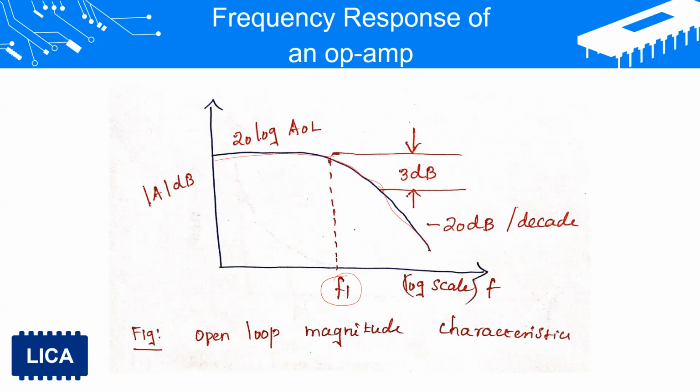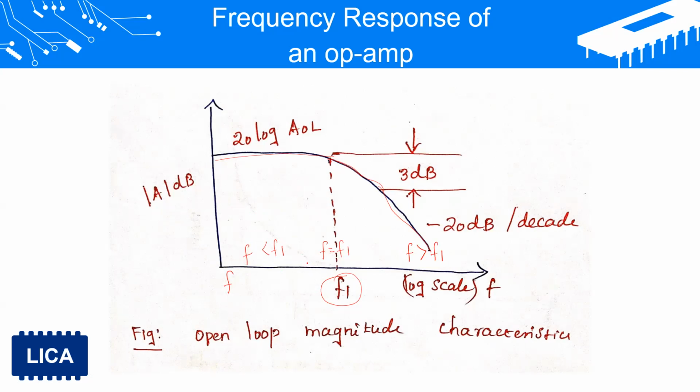What does it mean? In the figure we are having 3 stages. This is f. What does f less than f1 mean, what does f equal to f1 mean, and what will happen when f is greater than f1? We have these 3 cases.